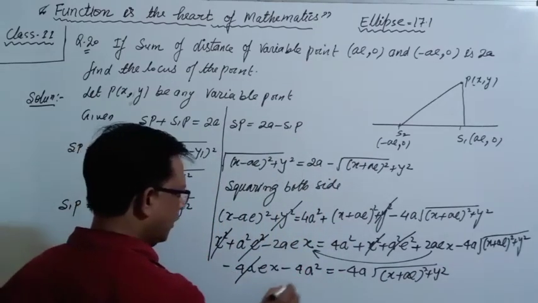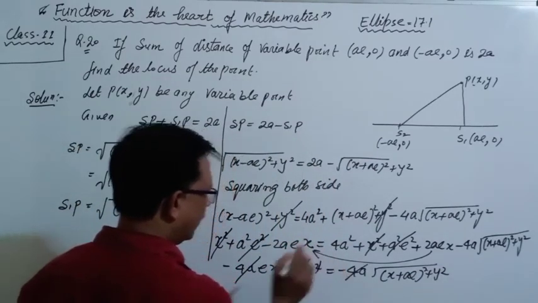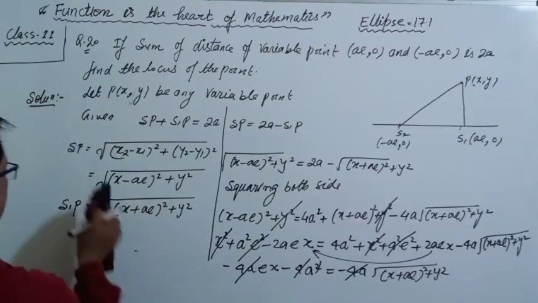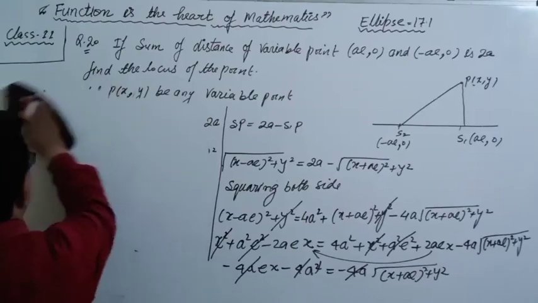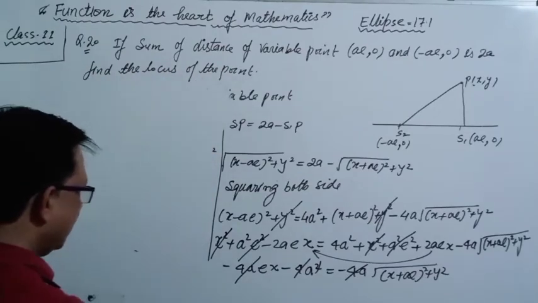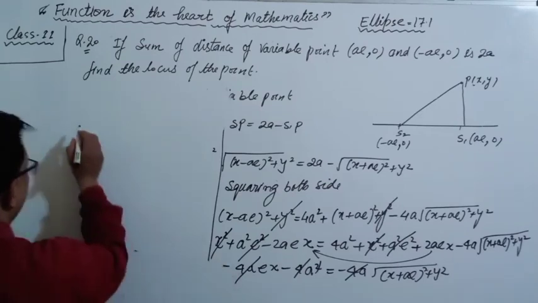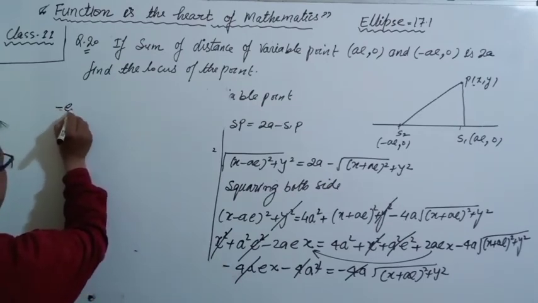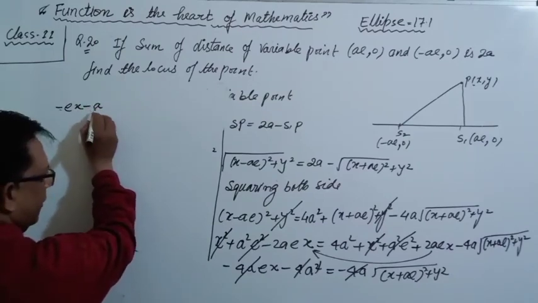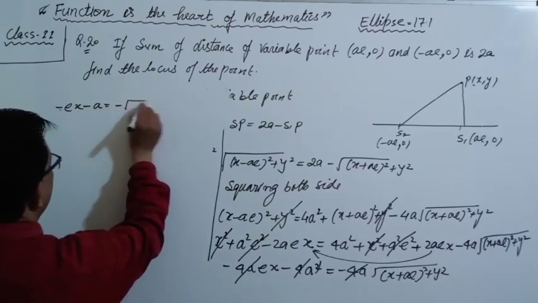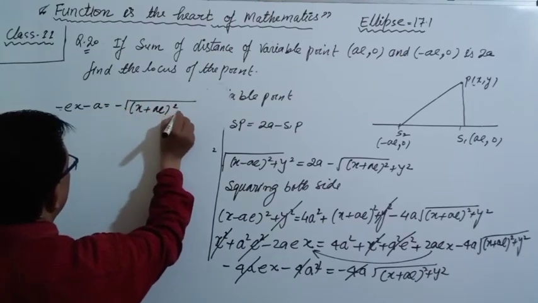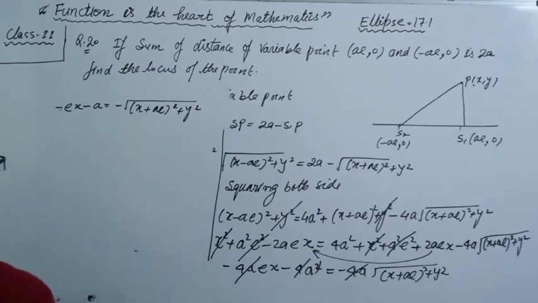Here 4a and 4a cancel out. Now what is left here? This is minus ex minus a is equal to minus the square root of (x plus a) whole square plus y square.